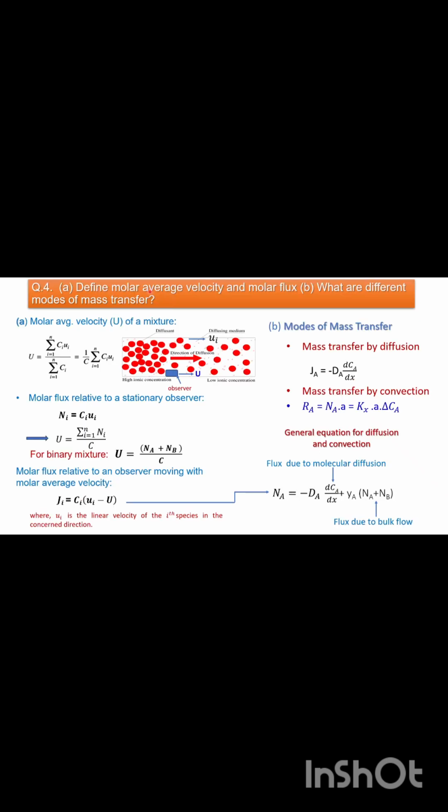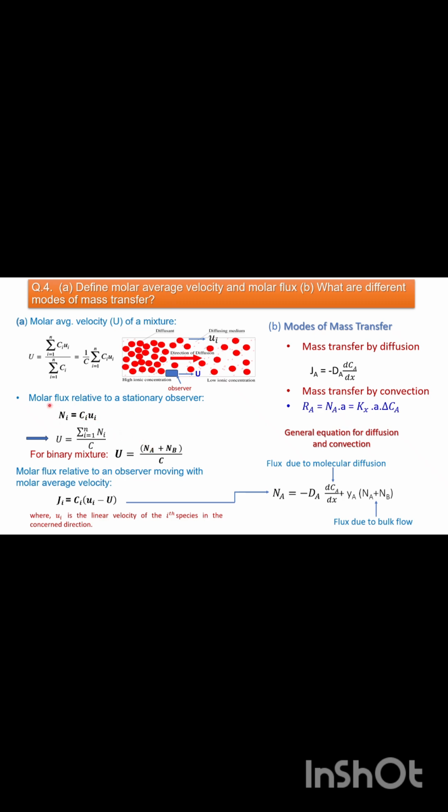Define molar average velocity and molar flux. And part B, what are different modes of mass transfer? The molar average velocity of a mixture is given by this relation, and two types of fluxes are needed to describe the motion of constituent molecules.